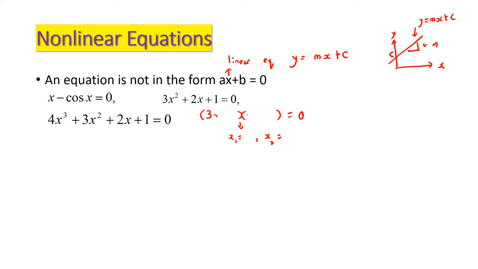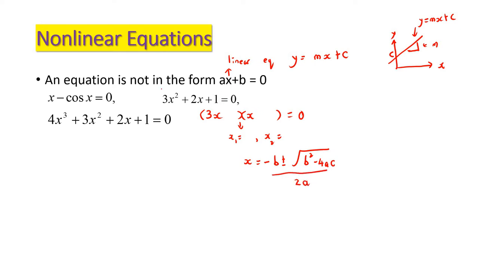So we have to use the quadratic formula to find the roots, where x is negative b plus minus the square root of b squared minus 4ac, divided by 2a.